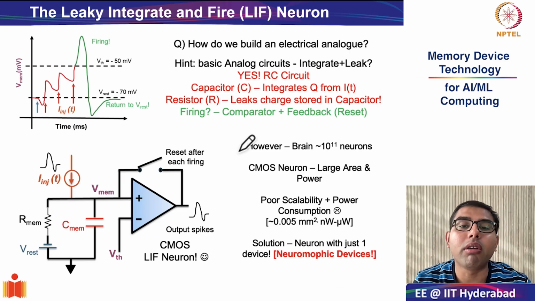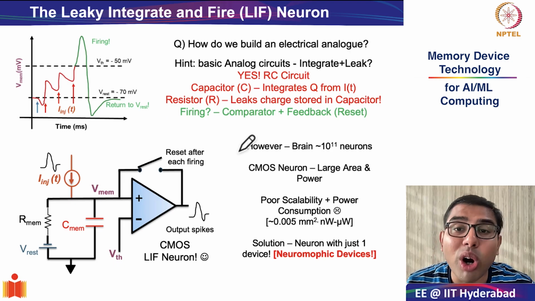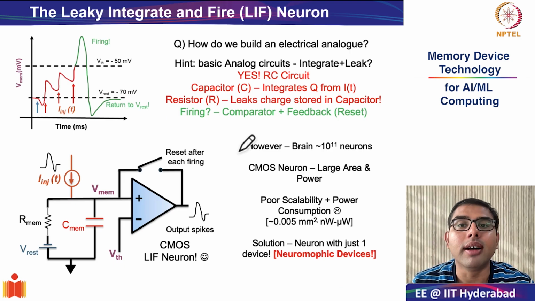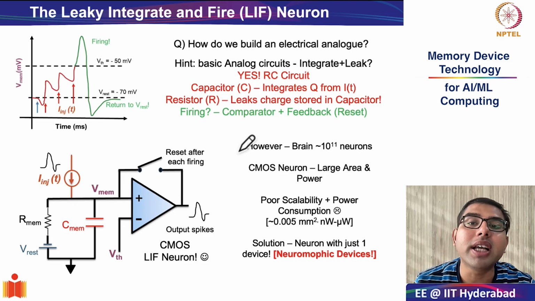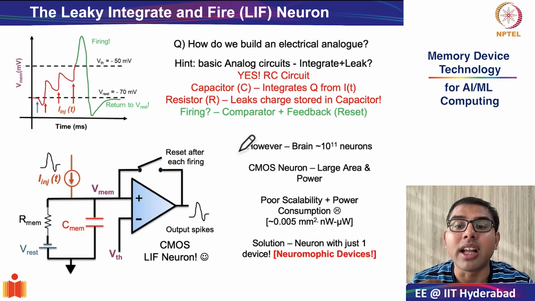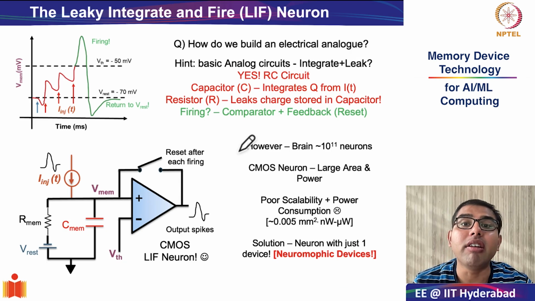We gave the example of the IBM Blue project, which consumes a megawatt of power to simulate just 1% of the brain's operation. So neuromorphic computing does not try to replicate every biological detail, but aims to mimic the essential features like spike-based communication, local learning, and event-driven computation, which is what makes the brain really special and low power.